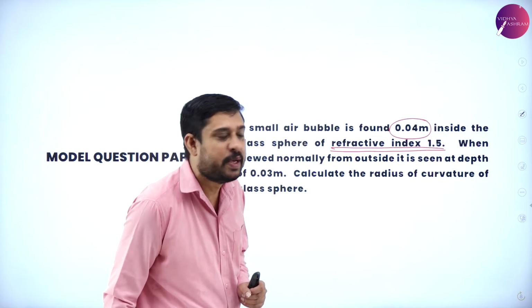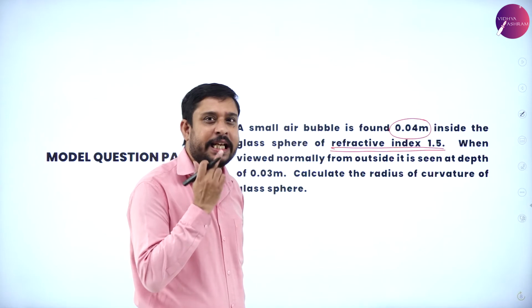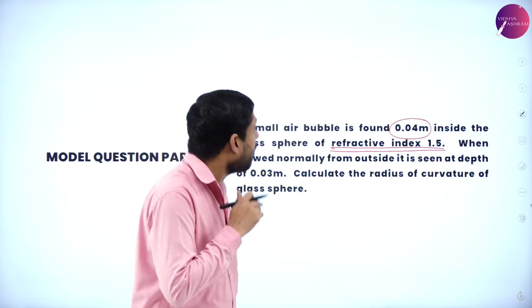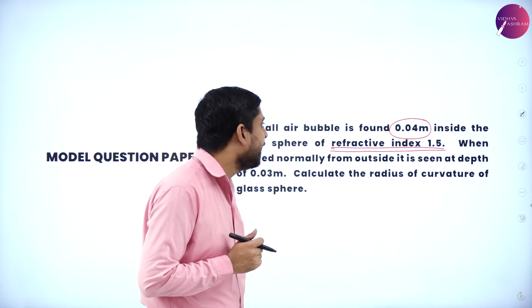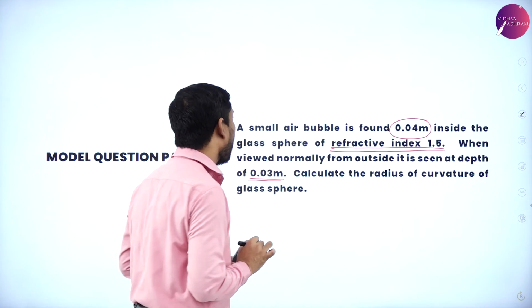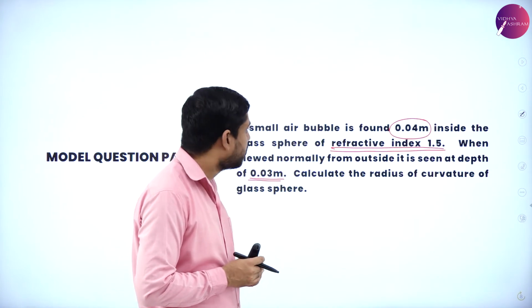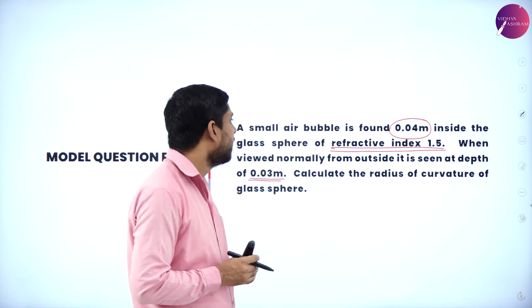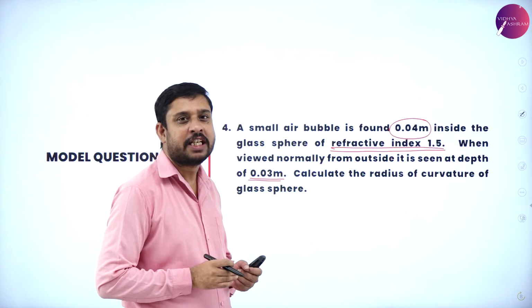Interesting optics problem. When viewed normally from outside, it is seen at a depth of 0.03 meters. I am asked to calculate the radius of curvature of the glass sphere.